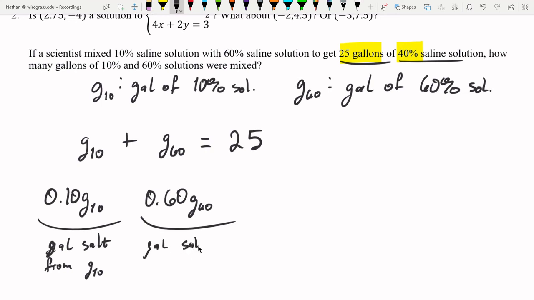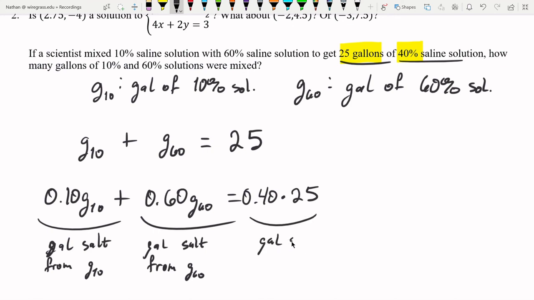Gallons of salt from G60. And of course, we want to have 40% of 25. So we want to combine these two things and get 40% of 25 gallons. So this is going to be gallons of salt desired.